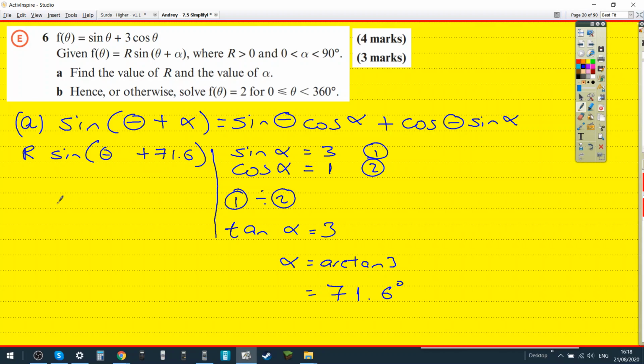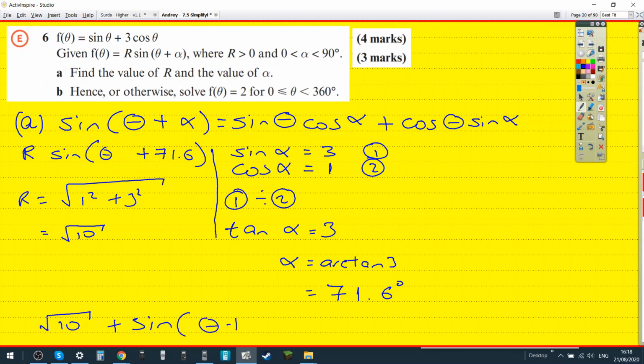Okay, yep. So r is equal to square root of 10 and alpha is equal to 71.6? Yep. And so what is sine theta plus 3 cos theta in the form r sine theta plus alpha? Root 10 sine theta plus 71.6. That's it.